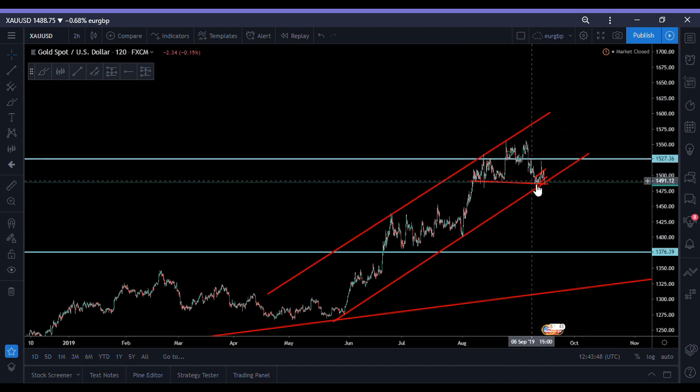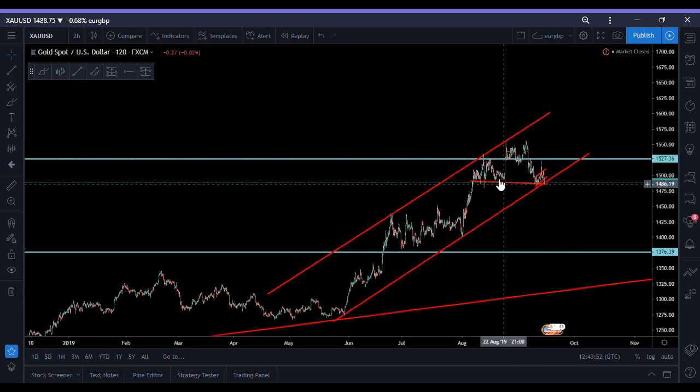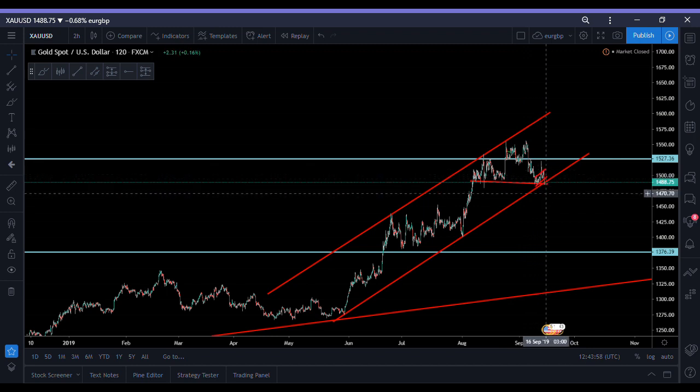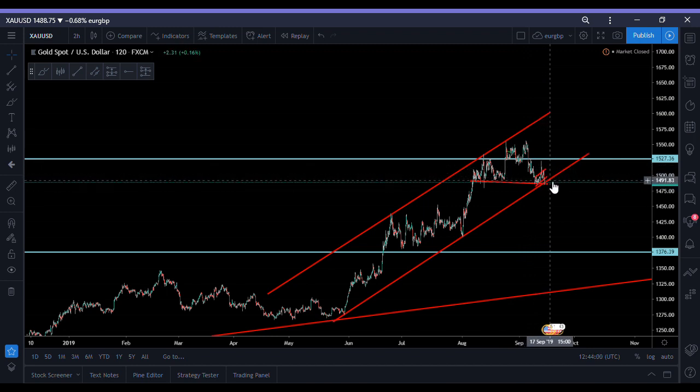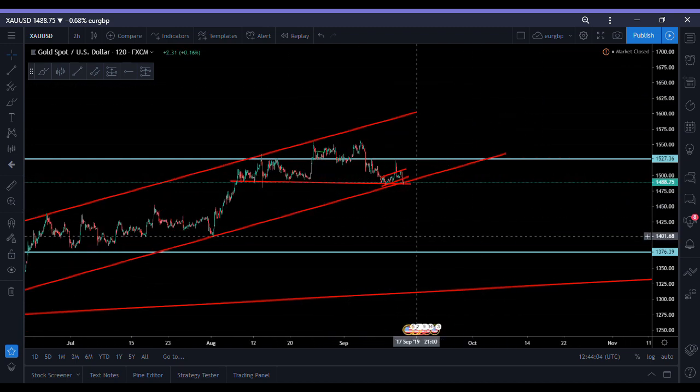Instead of just pulling back straight away from the resistance, it formed a head and shoulder, consolidation, in alignment with the resistance, instead of just testing it and pulling to the upside. So that's what I'll be looking for on gold.